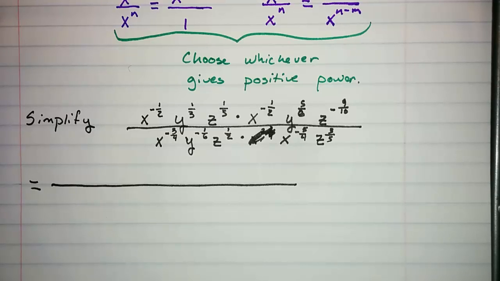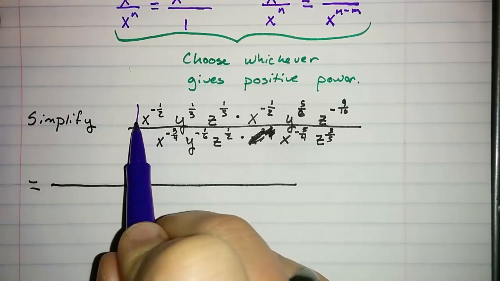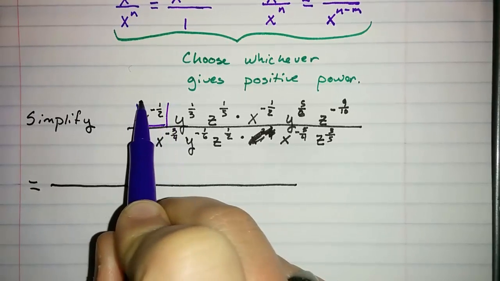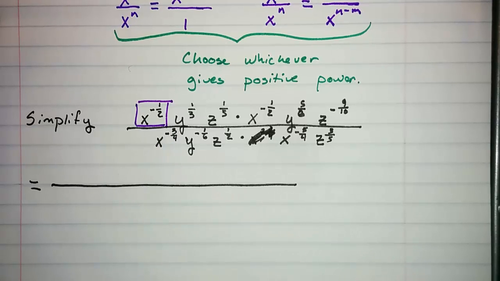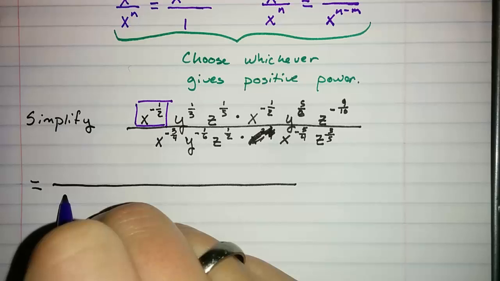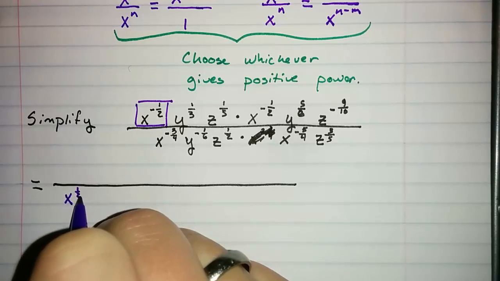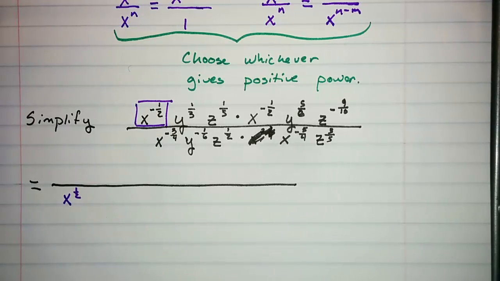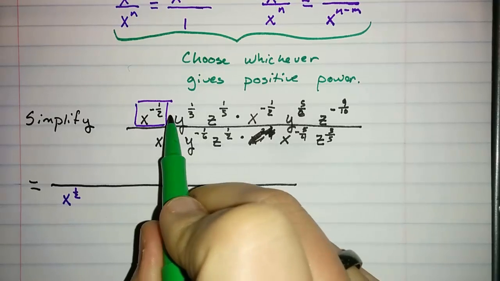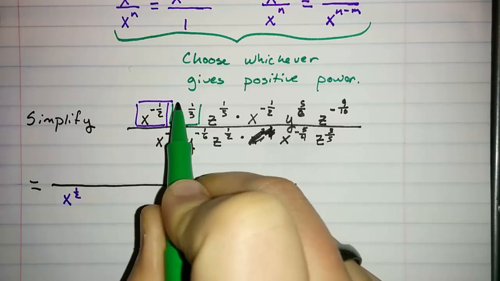And if it originally appears with a negative exponent, I'm going to write it with a positive exponent in the other place. So this is x to the negative 1/2 in the numerator. That's x to the 1/2 in the denominator. If it appears with a positive exponent, I'm going to just leave it alone.